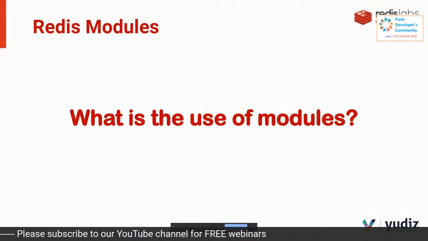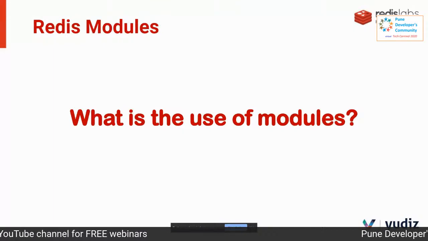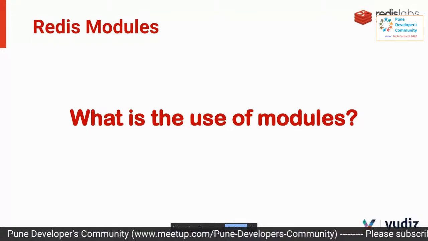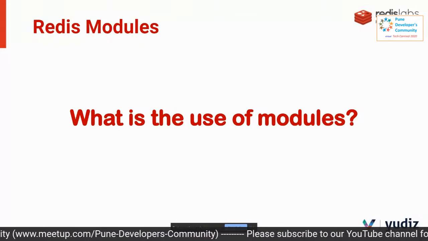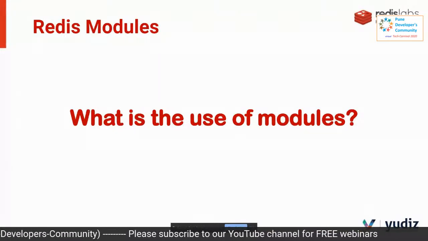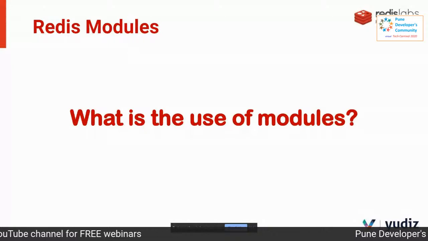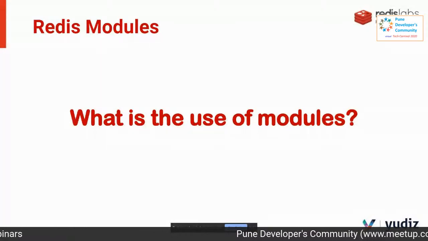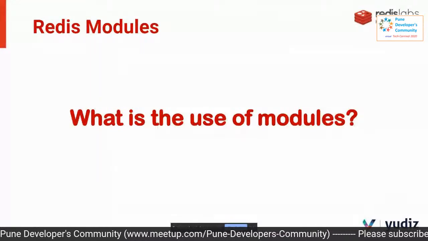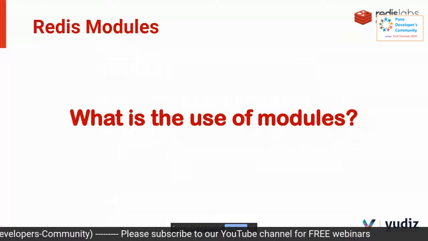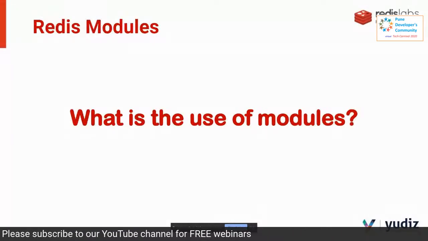So first of all, why do we need modules and what is the use of modules? There are data structures in Redis, but there's always a possibility of more data structures and more use cases. So instead of adding all the use cases in Redis, what Redis provides is the use of modules specific to your use cases. You can add modules and take advantage of that.